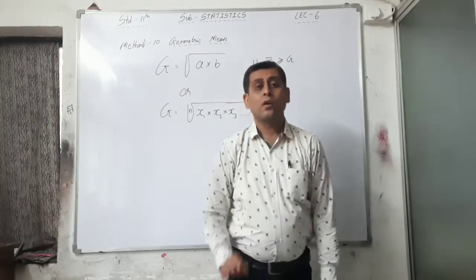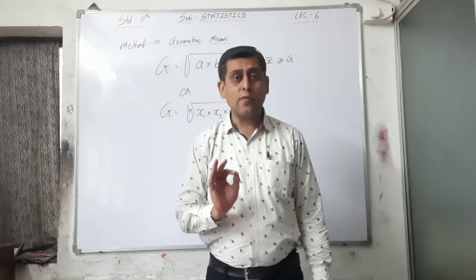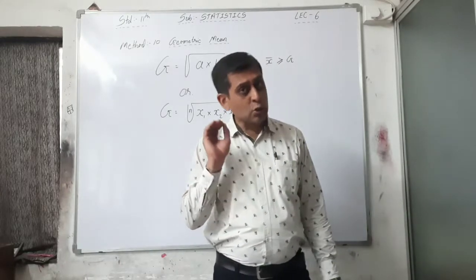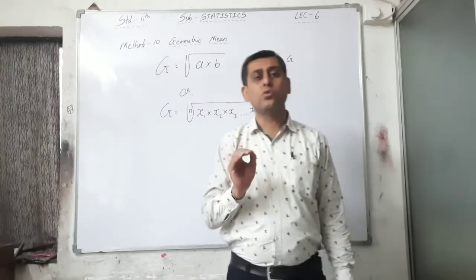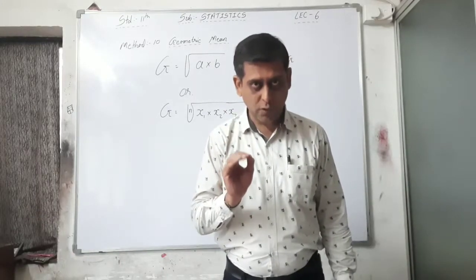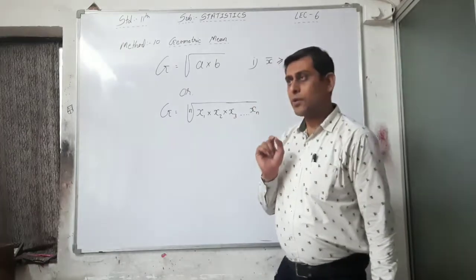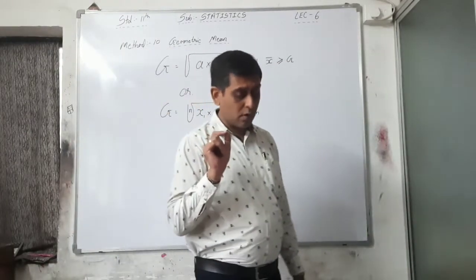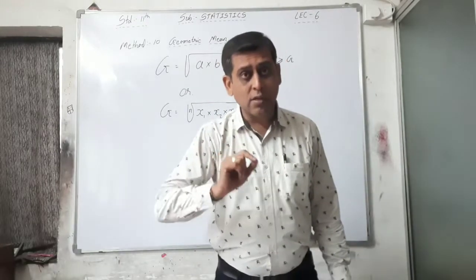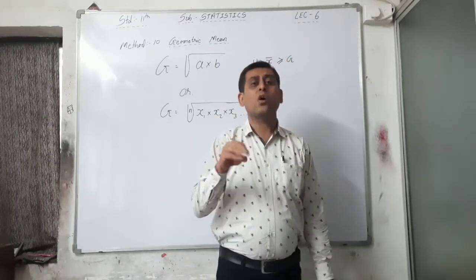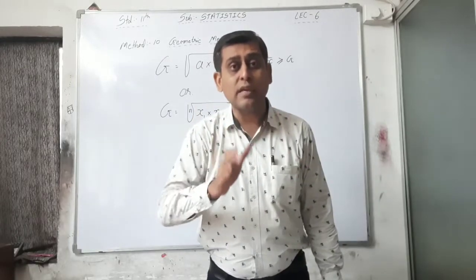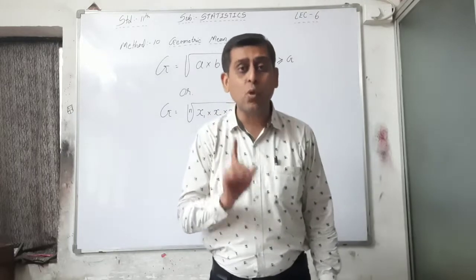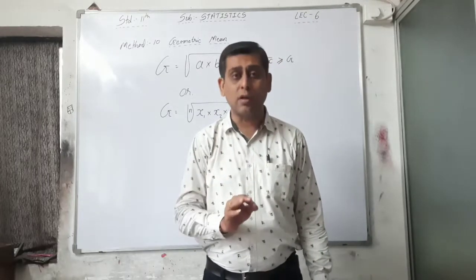See, in this question there is no specification that you have to use the geometric mean, right? So whenever a percentage increase is given in a question, whether the population is increased or decreased or the price is increased, and that percentage is given, then at that time you have to take the geometric mean method.